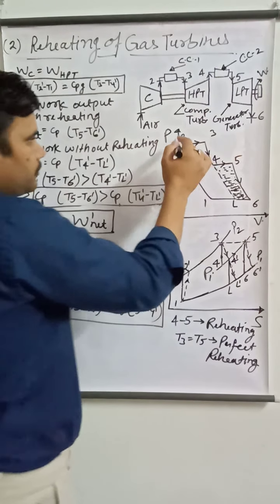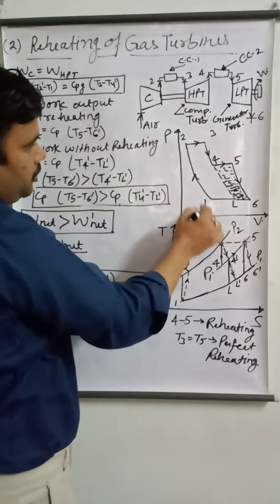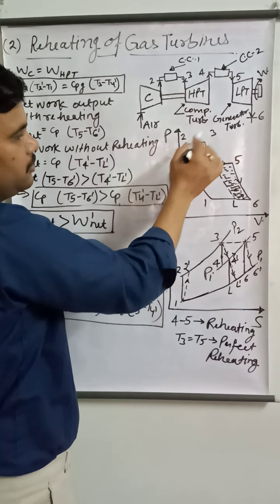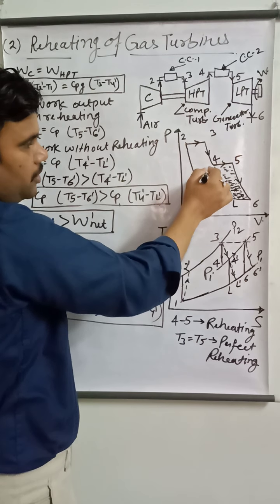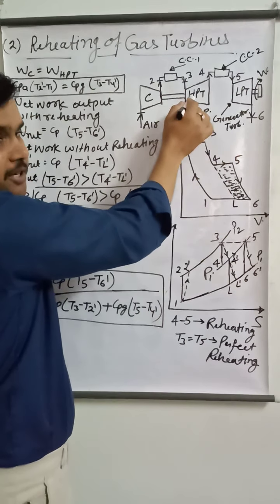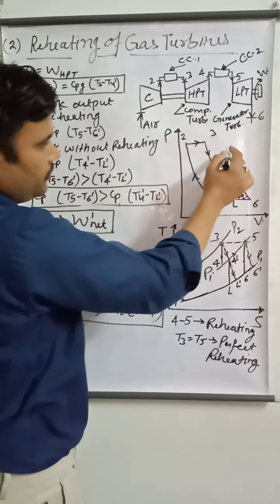Let us know. This is the pressure volume diagram. 1 to 2 isentropic compression, 2 to 3 constant pressure heat addition, 3 to 4 expansion in the high pressure turbine, and 4 to 5 again reheating.